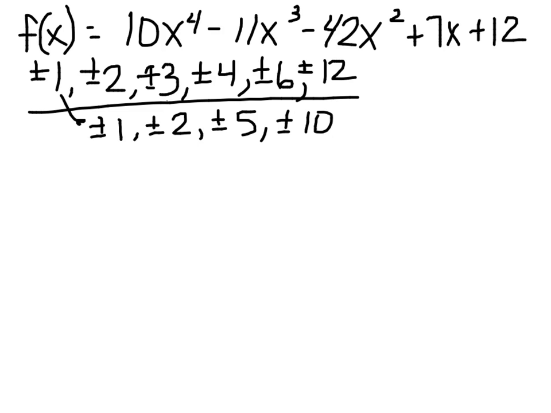What's 1 divided by 1? What's 1 divided by 2? No, 1/2. What's 1 divided by 5? 1/5. What's 1 divided by 10? 1/10. You've now done 1 divided by all the bottoms. 2 divided by 1.